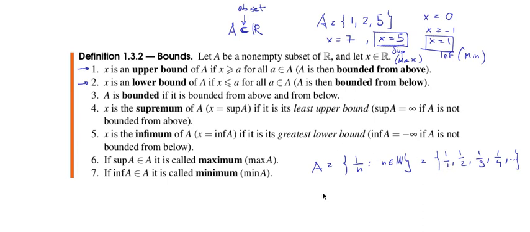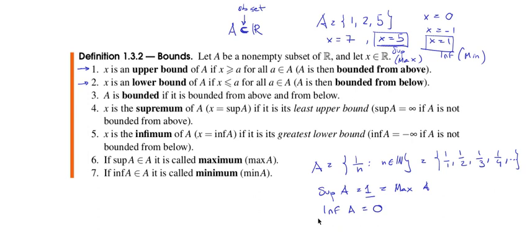The supremum of A is 1, because there's no smaller number that is greater than all the numbers in A. And it also belongs to A, so it's also the maximum. Now the infimum of A, you can think about it for a minute, but the infimum is 0.